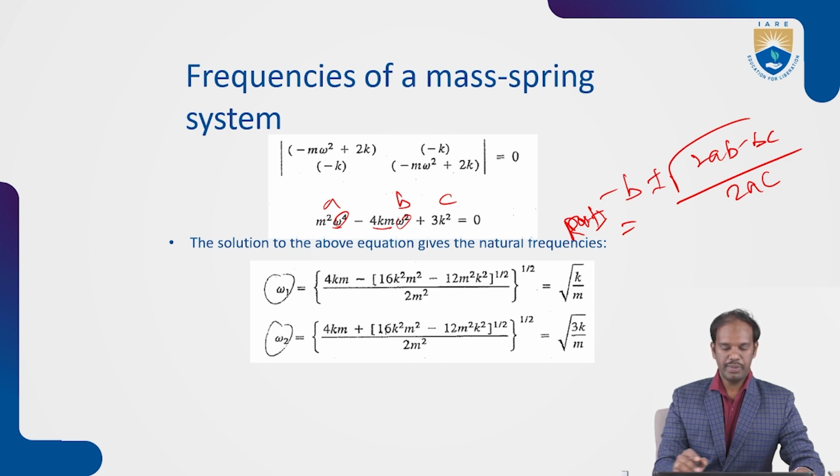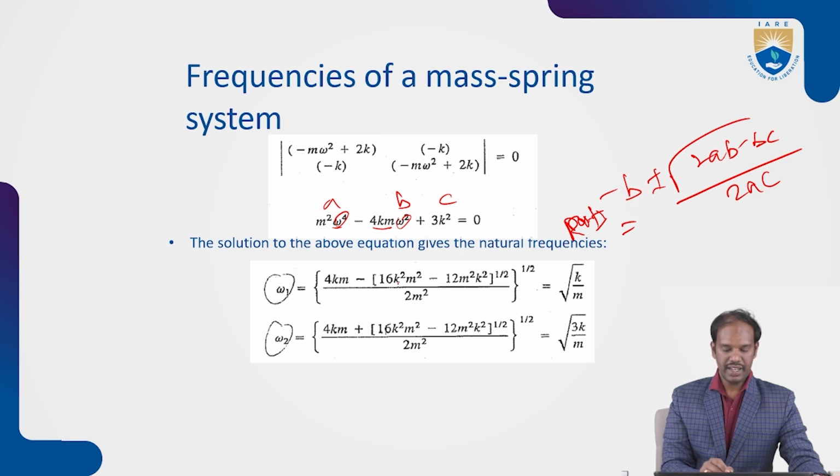So the first root will come as omega 1. Omega 1 will be minus 4km, that is BC, plus or minus, taking the first under root of 2ab. Here a equals m square, and 3 is there directly.